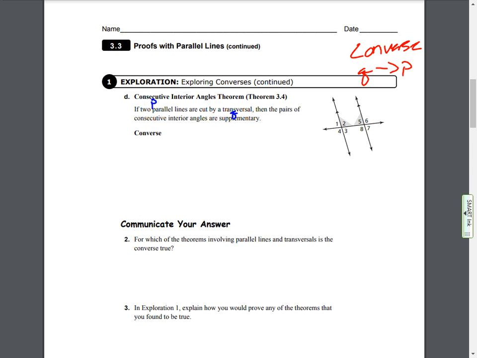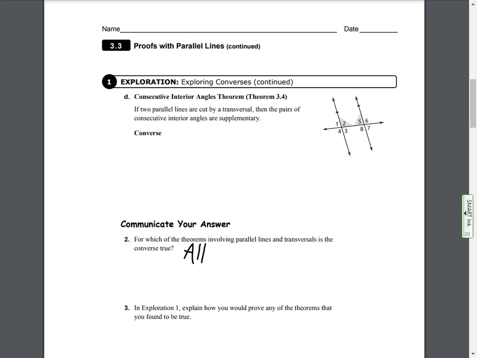Let's move on to number 2. For which of these theorems involving parallel lines and a transversal is the converse true? Actually, every one of these converses is true. All converses are true.